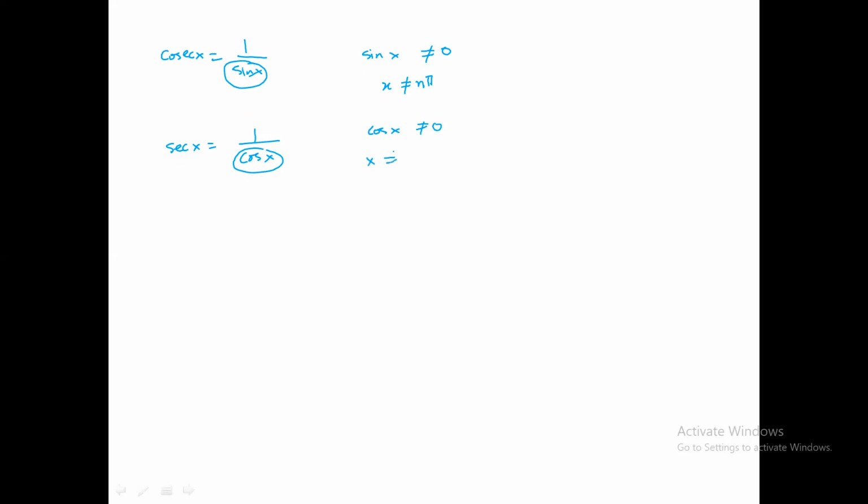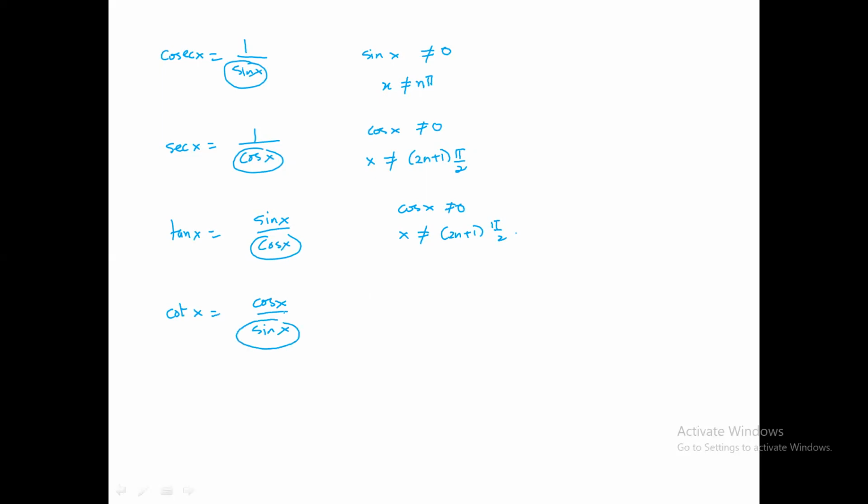That means x cannot be odd multiple of pi by 2. Similarly, tan x is sin x by cos x. So denominator cos x cannot be 0. That means x cannot be odd multiple of pi by 2. Cot x is cos x by sin x. Denominator sin x cannot be 0. That means x cannot be multiple of pi.